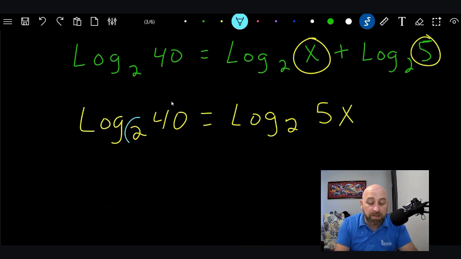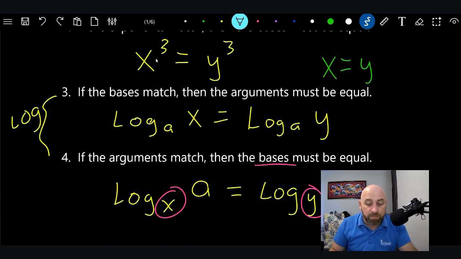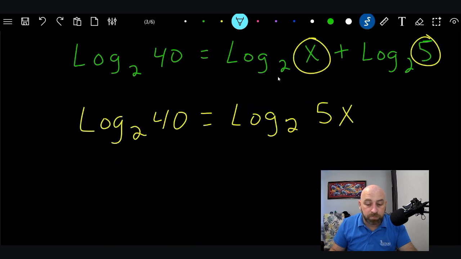Look, our bases match, 2 and 2, okay? So if our bases match, what does it say? Let's go back up there. If the bases match, then the arguments must be equal. So here's what we're going to do on this one. It's really kind of easy. We're just going to cancel our log 2. Why are we going to cancel that?